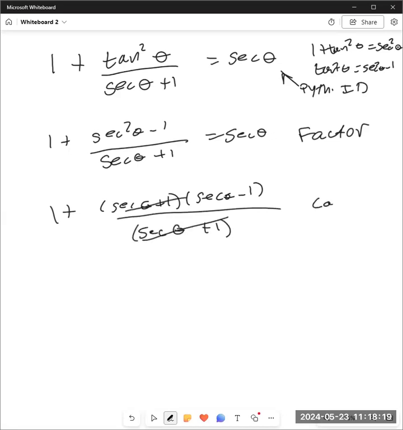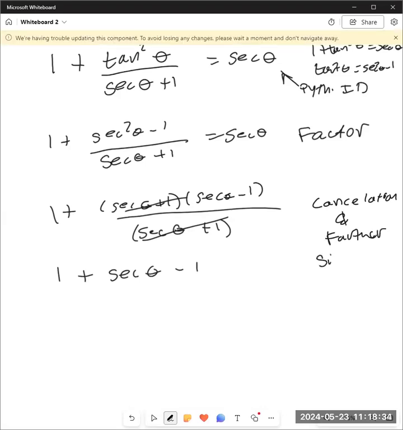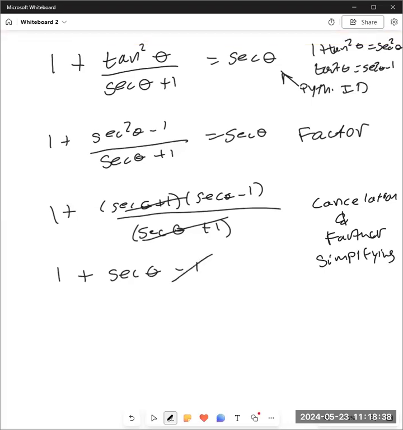Going to cancel. 1 plus secant theta minus 1, by cancellation and further simplifying, will be the justification they talk about, because they don't show this further simplifying here, that this is going to be secant theta is equal to secant theta.